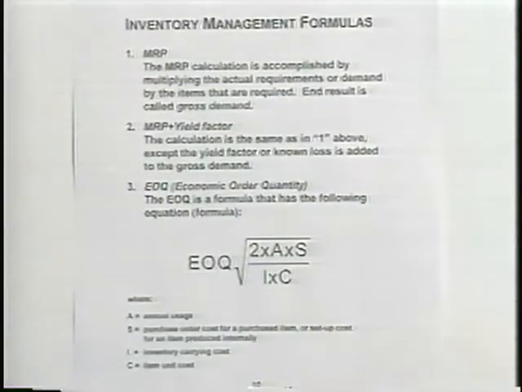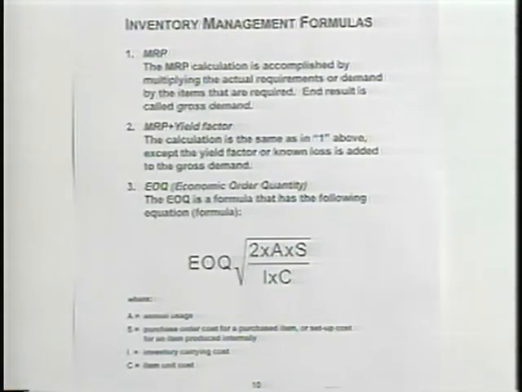Starting off with 1, MRP, which is an acronym for Material Requirements Planning, which is something that we have borrowed from operations, which is basically order to order. And that's specifically what number 1 identifies. You order to the actual requirements.